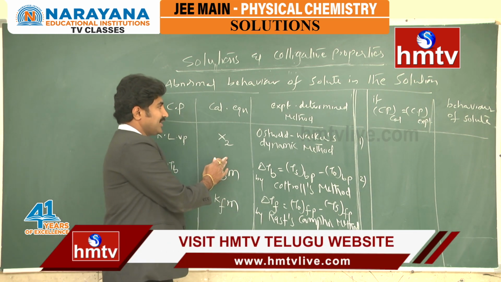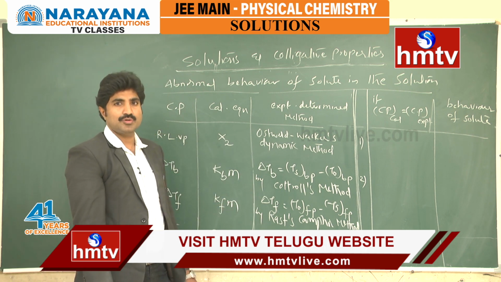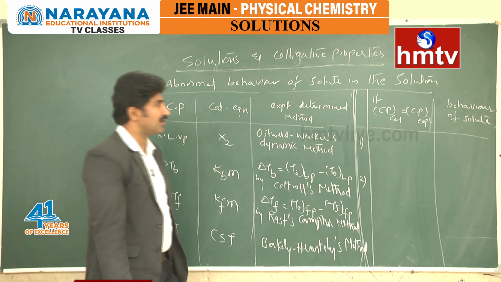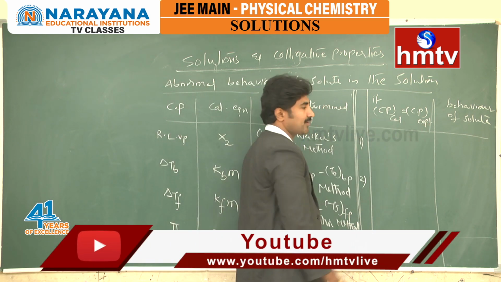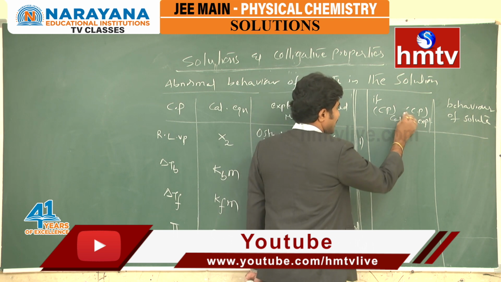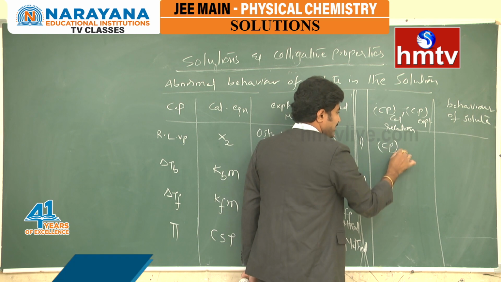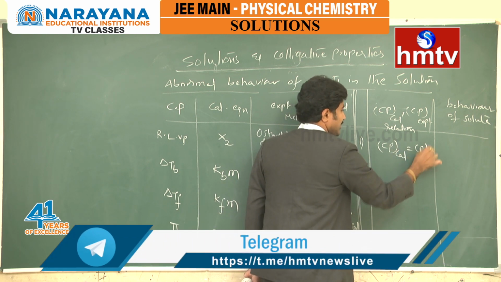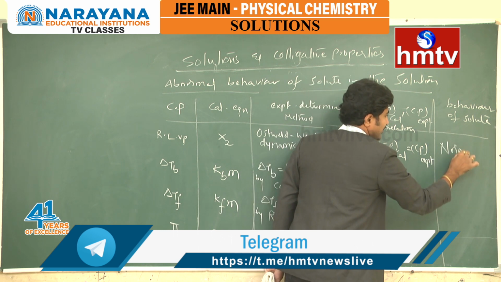If the calculated and experimental values are not equal, then the solute shows abnormal behavior. So if the calculated colligative property is equal to the experimental colligative property, what is that behavior? It is normal behavior.